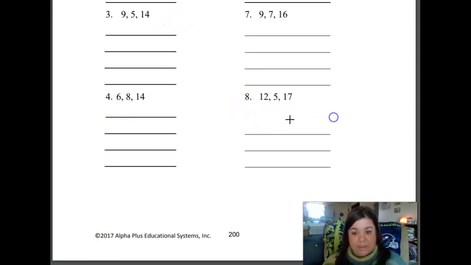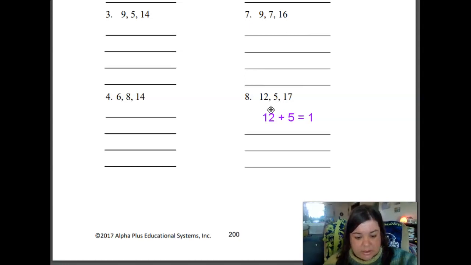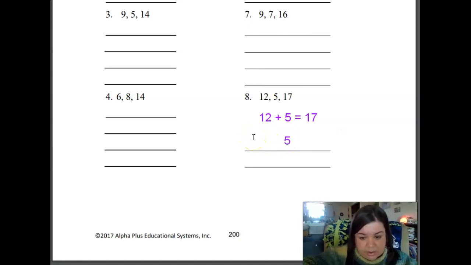Okay, so the biggest number is 17. So I'm going to start at the beginning. I'm going to do 12 plus 5 equals 17. Next number, I'm just going to do the opposite. 5 plus 12 equals 17.